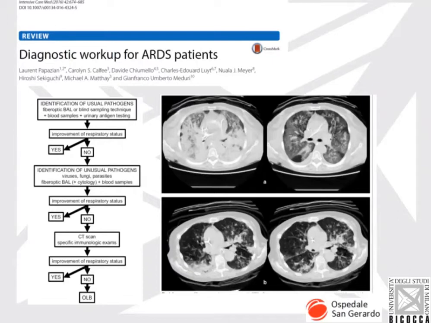But we also share this policy that if the status does not improve, or if we are still missing a diagnosis after a regular diagnostic workup, we go for a CT scan quite early in the course of the disease.